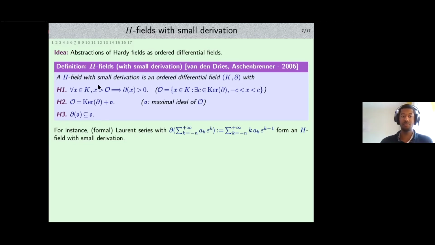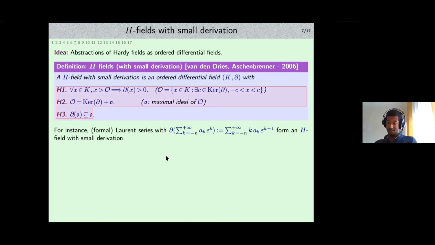So those are differential fields, such that setting O as the set of elements that are bounded by a constant element of the kernel of the derivation, and taking small o as the maximal ideal of big O, we have those three properties which are the same as I explained before.